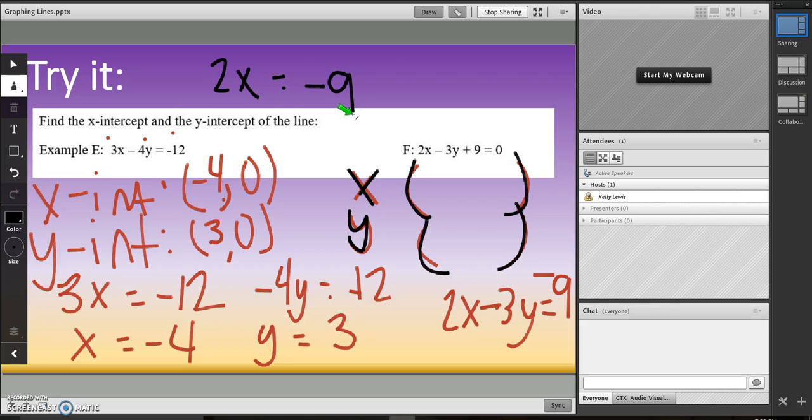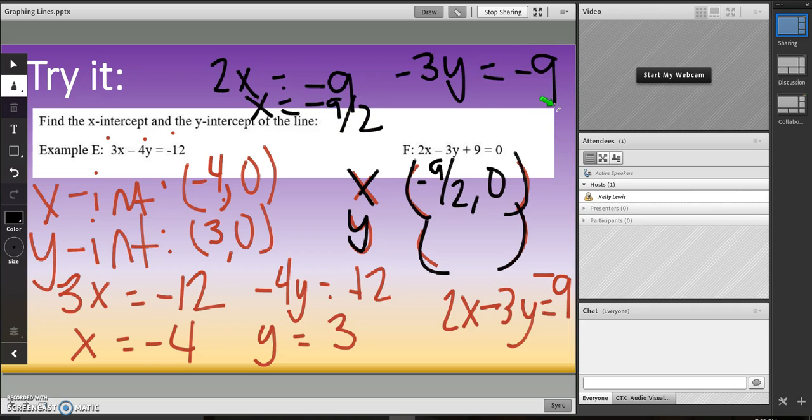Divided by 2, I'll get -9 over 2. That's, I don't know, -4.5 or something. And then for the y-intercept, I plug in 0 for x, and then I divide by negative 3. So negative 9 divided by negative 3 is 3.